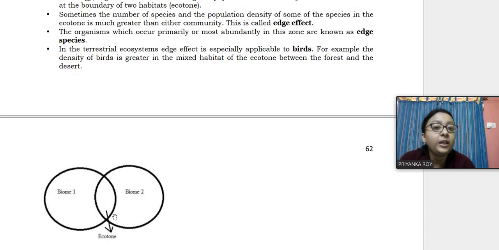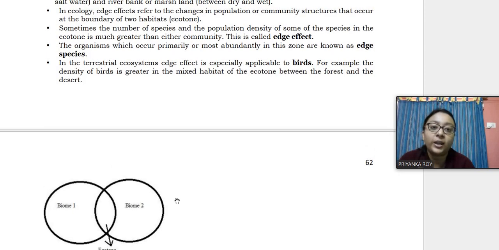They are abundantly found in this ecotone area only, and if you go from the ecotone towards biome 1 or towards biome 2, you will not find these species anymore. So this is called the edge effect, the species are called edge species, and this region is called the ecotone. Okay.